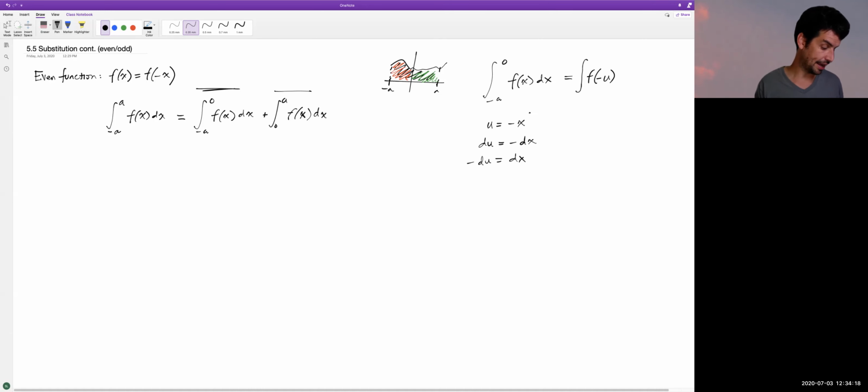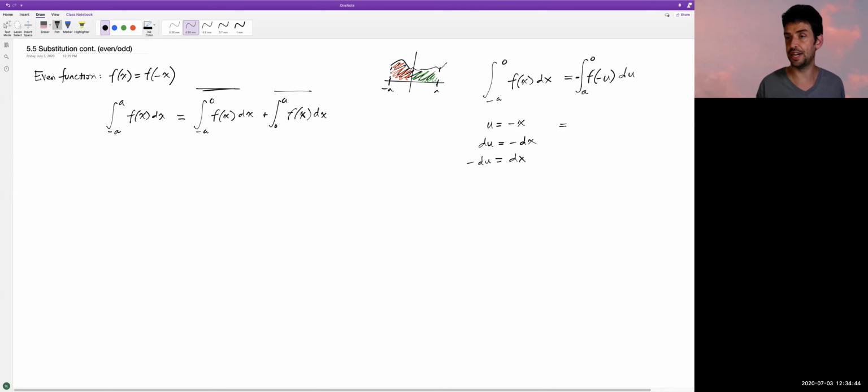And then we've got du, but it comes with a negative. So I'm going to have a negative out front here. And let's change our bounds. When x is negative a, u is going to be positive a. And when x is 0, u is going to be 0. So with that substitution, here are our new bounds.